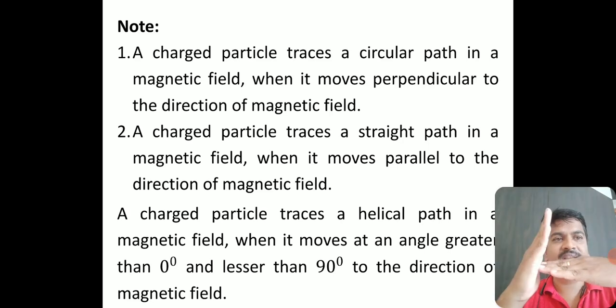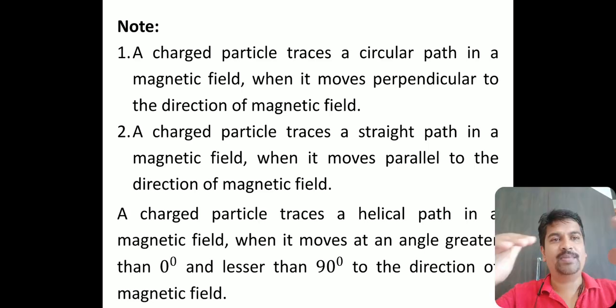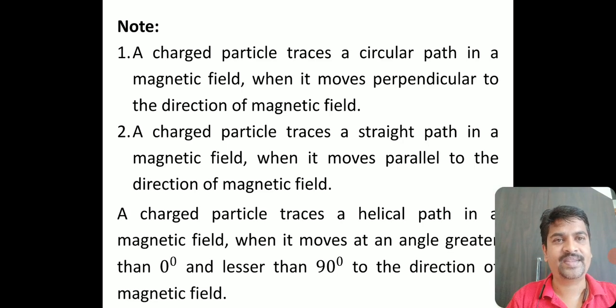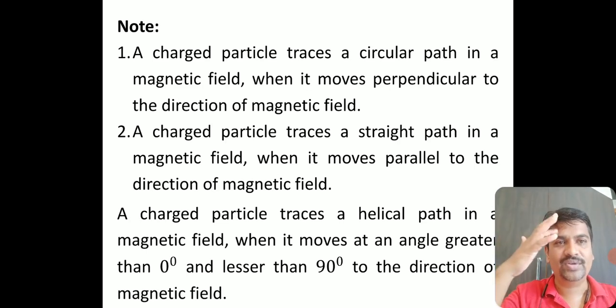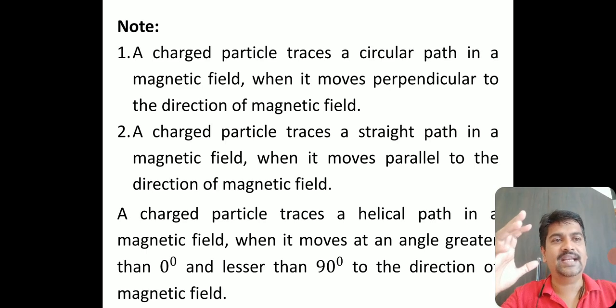Say 60 degree, it will follow a helical path. Say any angle between 0 to 90 degree, the charged particle will move in a helical path, because those charged particles will definitely experience a magnetic force, and therefore they start tracing a helical path.